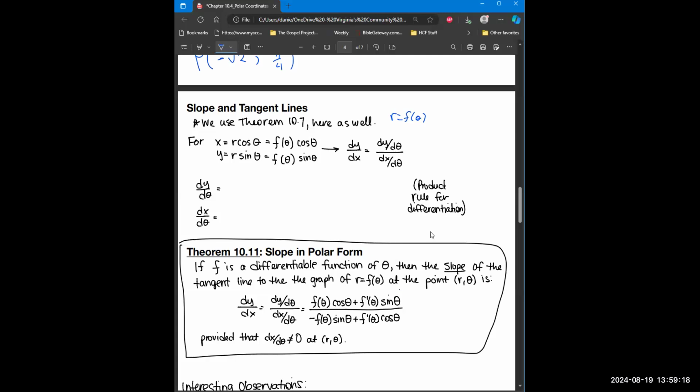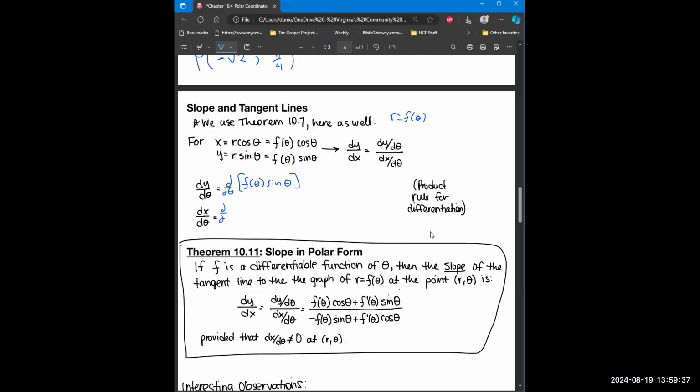And we can say y is equal to r sine theta, which is f of theta sine theta. So this one is going to be d d theta of f of theta sine theta.